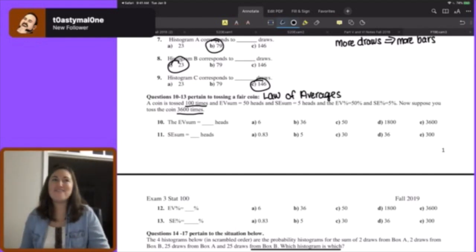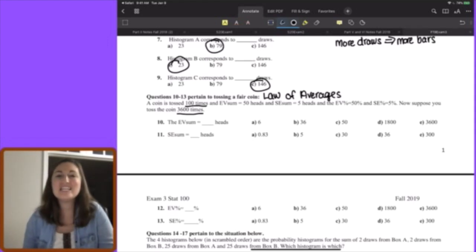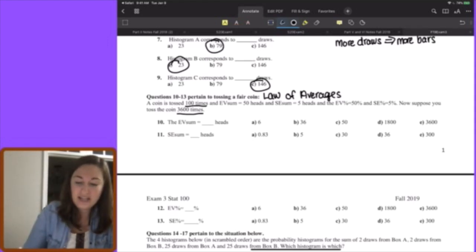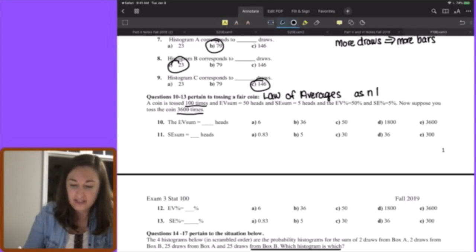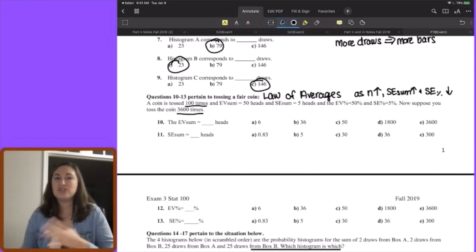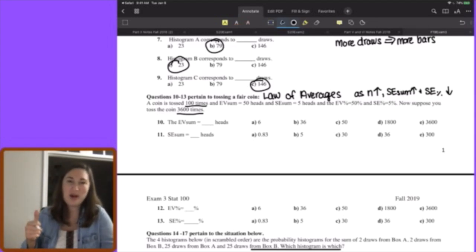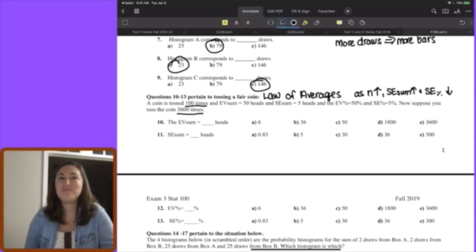And the law of averages was, I think, from maybe chapter 15 or 16, and it says that as n increases, as n goes up, my standard error for the sum increases, and my standard error for the percent or the average decreases. So this just comes straight from those formulas. You can look at them where n is in the formulas. As n goes up, for sums, the standard error gets bigger, and for percents, the standard error gets smaller.